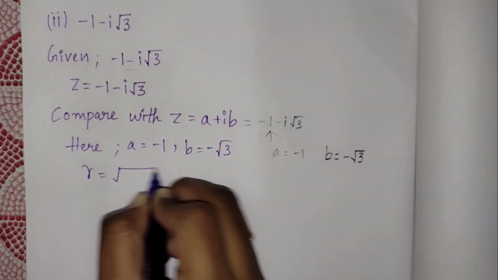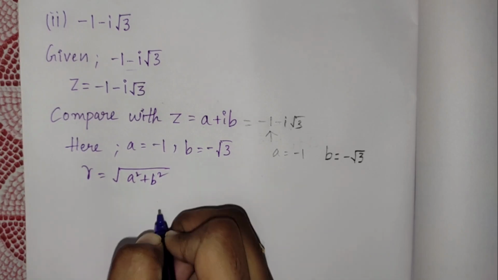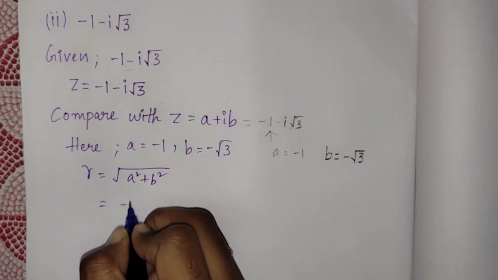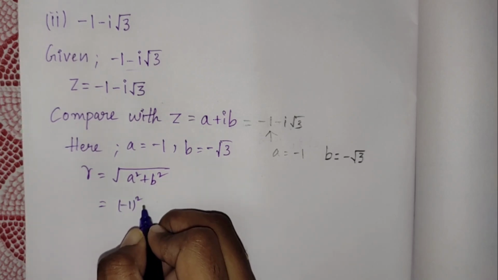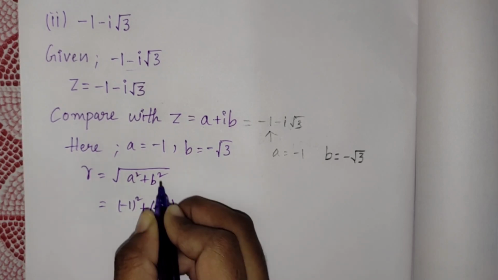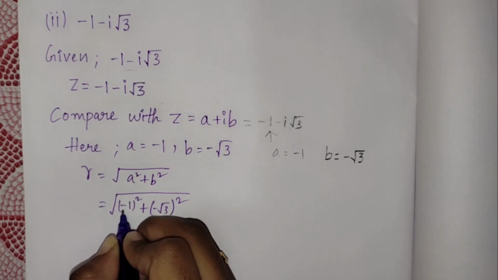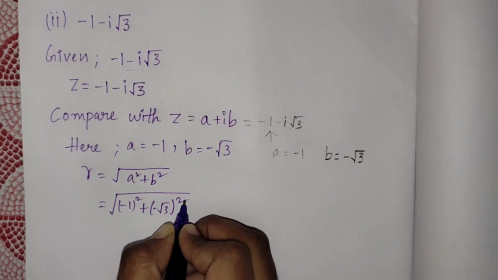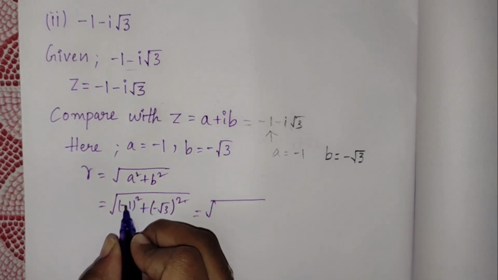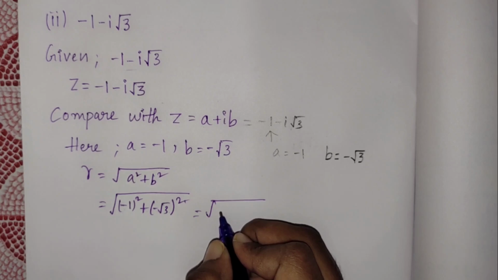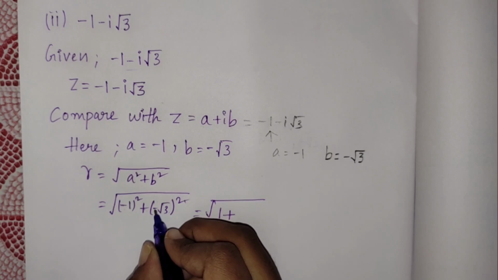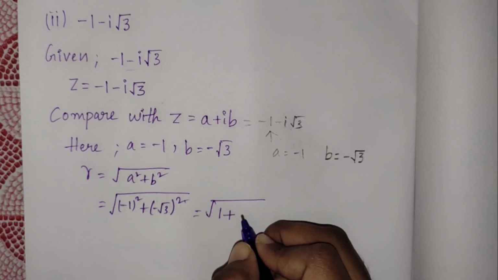R equal to root over a square plus b square is equal to, in place of a substitute minus 1 whole square plus, in place of b minus root 3 whole square, root over minus 1 whole square plus minus root 3 whole square is equal to root over minus 1 whole square means 1 plus minus root 3 whole square.